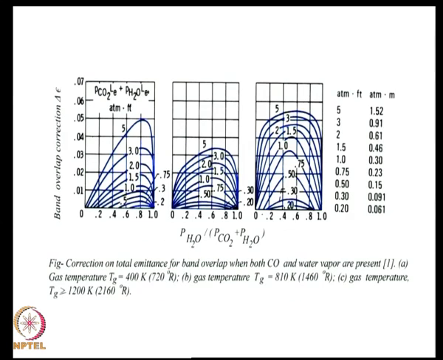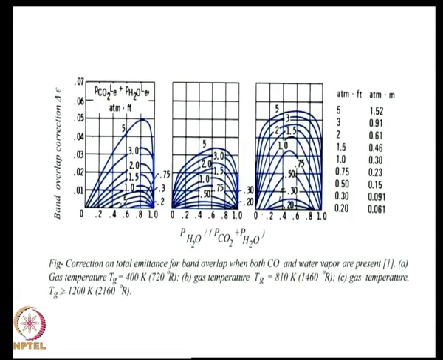Now, there is one more correction here due to overlap, that delta epsilon term, and here is an example of how you do the overlap correction at various temperatures, 400, 810 and 1200 K. You can see that the correction for epsilon is of the order of 0.01 to 0.05, and it depends upon the total amount of absorbing molecules in a path.